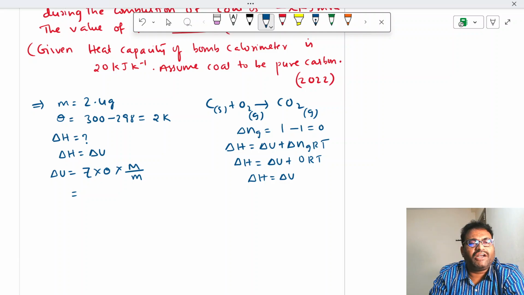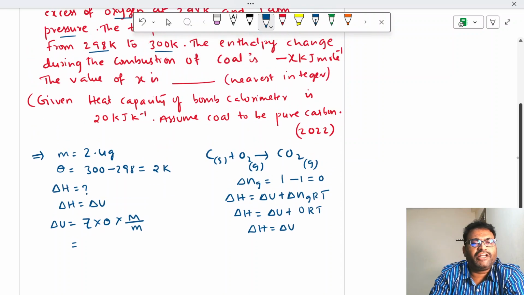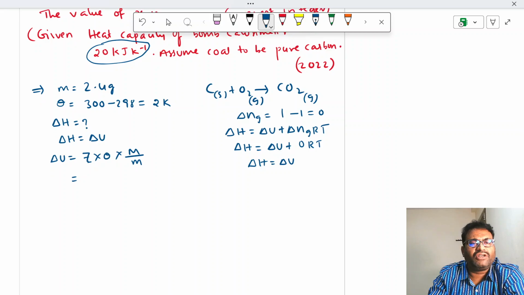So what is Z already given? Z is given as heat capacity in bomb calorimeter is equal to 20 kilojoule per Kelvin. So let us take 20 kilojoule per Kelvin into theta 2 Kelvin into molecular weight.